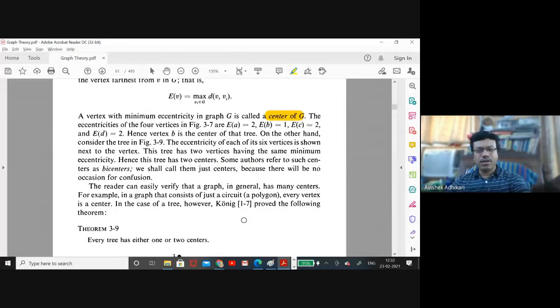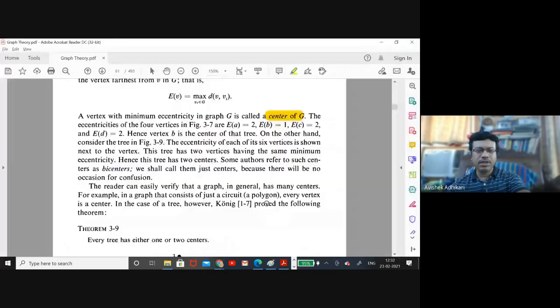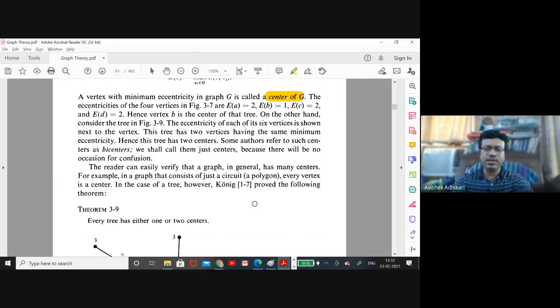What happens for a tree? It has either one center or two centers. So in here you have already found 3 centers, or even for K5 you will have 5 centers. But in a tree you will have either 1 or 2 centers. You cannot have more than 2 centers in any tree.